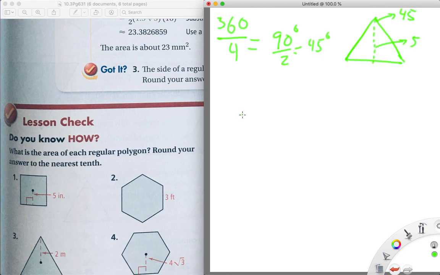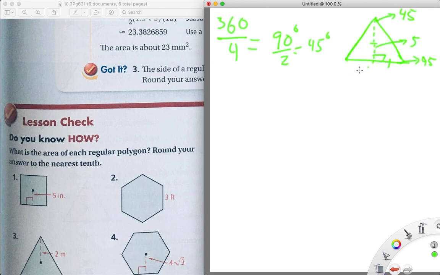So guess what I'm dealing with? I'm dealing with a 45, 45, 90. So that's 45, that's 45, and this is 90. Which means that this is an isosceles triangle, so the apothem in this case is equal to that guy over there.